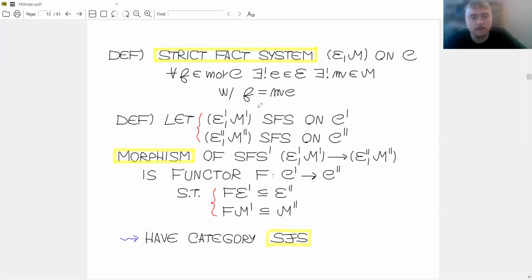If you have two strict factorization systems, we can define a morphism between them, which is the natural thing you would think. We define it just to be a functor between the base categories that preserves both of these classes. This way we obtain a category that I denote SFC, of strict factorization systems.